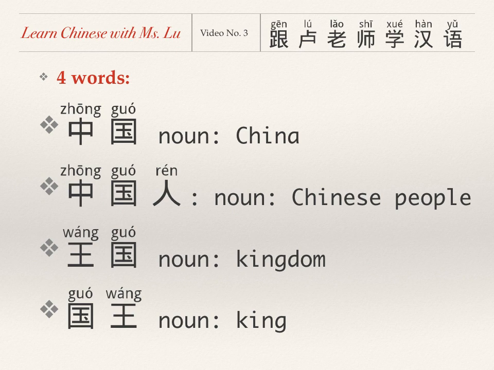The last one is 国王. 国 means country, kingdom. 王 means king. Together, 国王 means king. 王 is the short form. 国王 is the whole term. And you can see it as 王, but that's the short form of 国王.